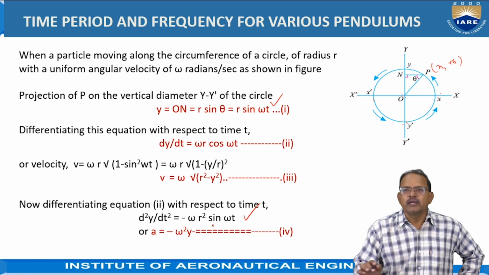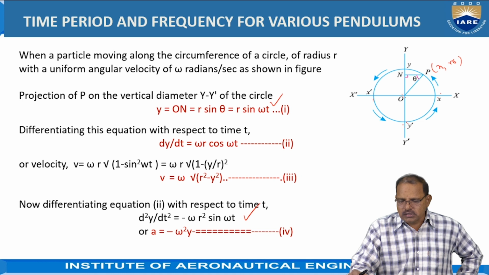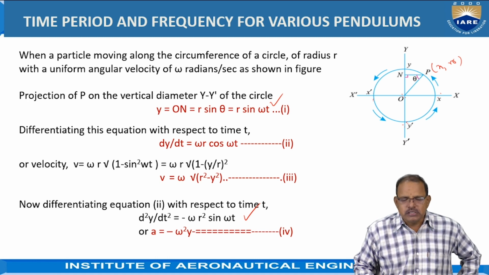So when the body is oscillating along the vertical diameter, its acceleration is always proportional to its displacement, that is y, and it always acts in the direction opposite to the body's motion, or in other words, it acts toward the equilibrium position, that is the center of the circle.